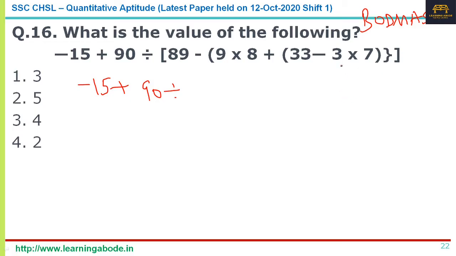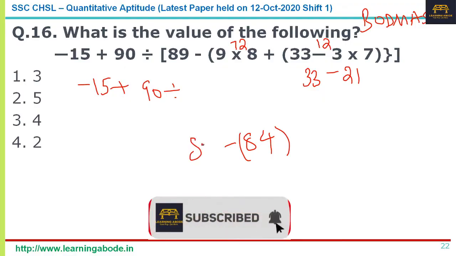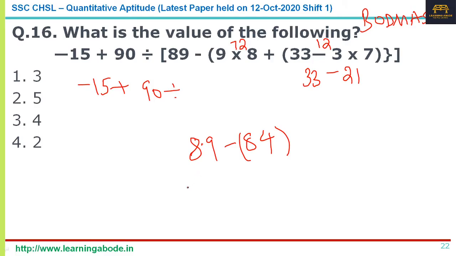So first within the bracket, 3 into 7 is 21 and 33 minus 21 is 12. So this bracket is 12, and 9 into 8 is 72. So 72 plus 12 is 84, and 84 minus 89 is going to be 5.